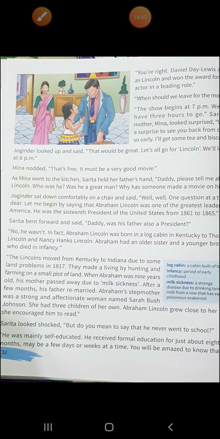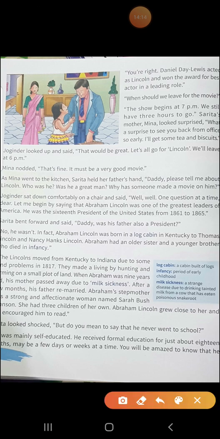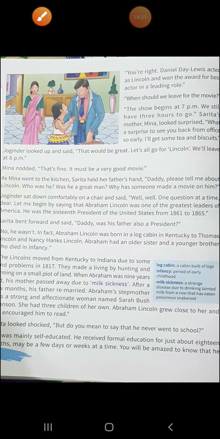So he started saying that Abraham Lincoln was one of the greatest leaders of America. And what did he say after that? He was the 16th president of the United States from 1861 to 1865. So he told her that he was the 16th president of the US and he served from 1861 to 1865.